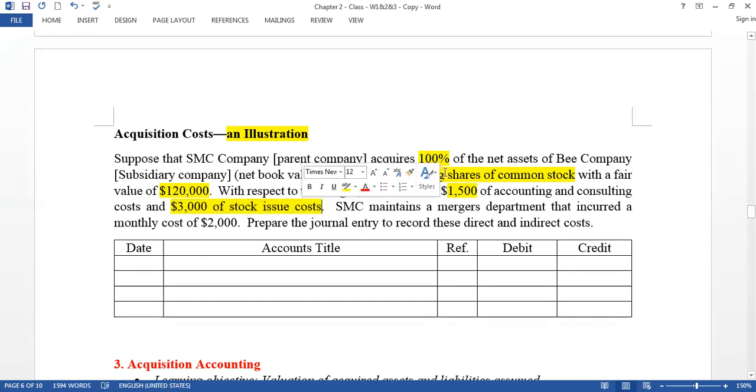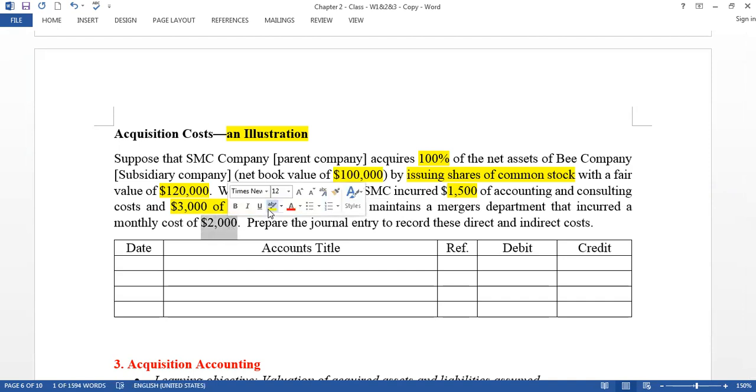So professional fees $1,500, cost of issuing capital $3,000, and SMC maintains a merger department. They are looking for different companies to buy or not. So the merger department incurred $2,000 cost. Now prepare the journal entry to record.